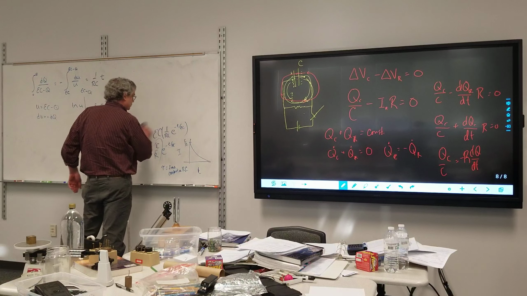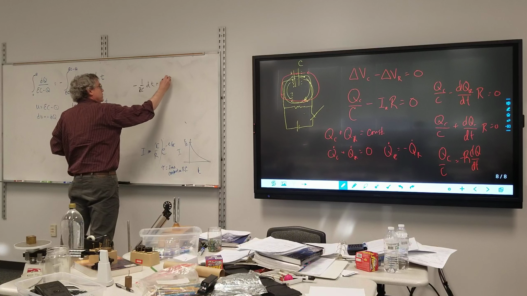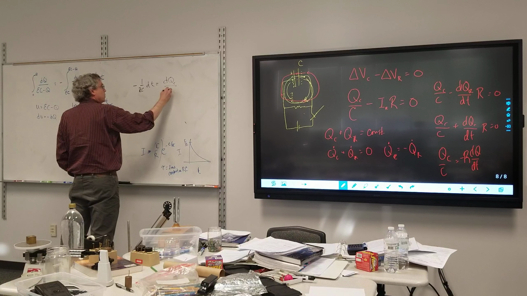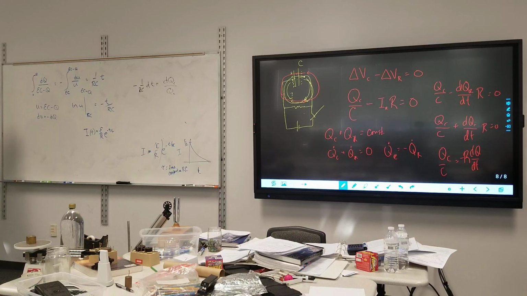So I end up with, on the left-hand side, negative 1 over RC dt, and that's going to be equal to dQC over QC. Integrate that whole bit.